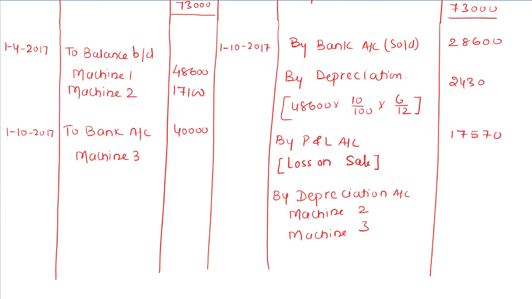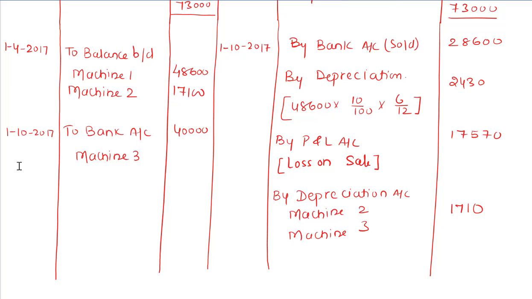Now we will calculate depreciation on machine 2 and machine 3 because depreciation is already calculated on machine 1, which is sold. The value of machine 2 is 17,100 and depreciation at the rate of 10% is 1,710.